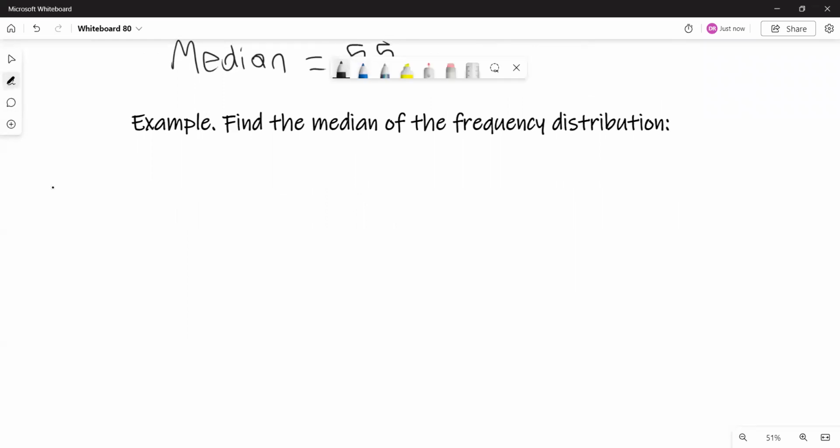In this frequency distribution, you have the value and the frequency of that value.